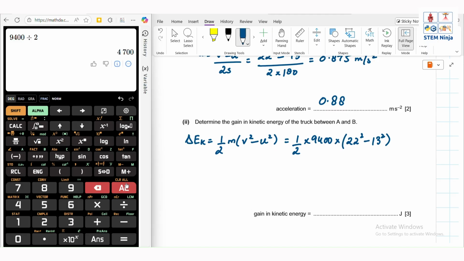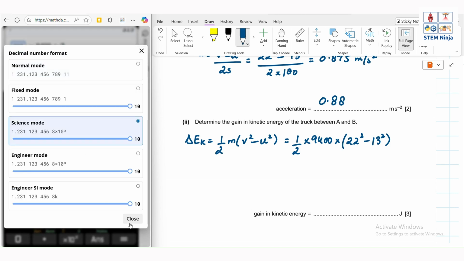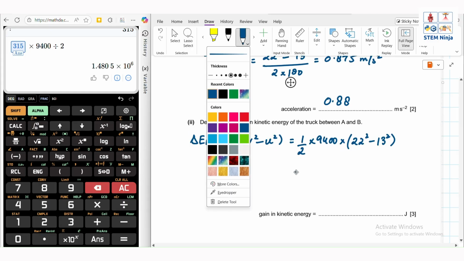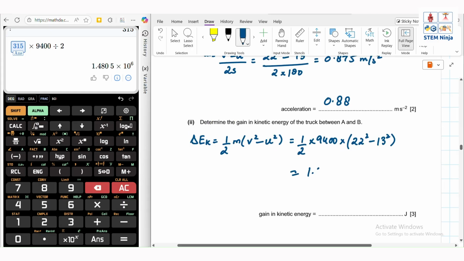We can do 22 squared minus 13 squared first, and then multiply by 9400 divided by 2. So we get this value. If we write this in standard form, we will get 1.5 times 10 raised to power 6 joules.